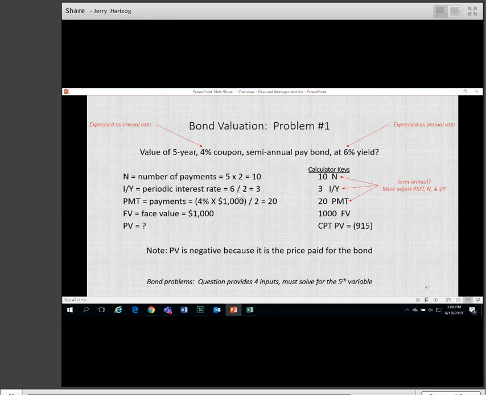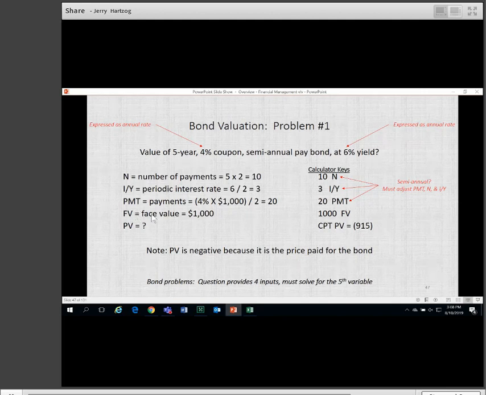So we take the 6% yield, divide by 2, and we get 3 is IY. Next, payments. We know the payments are the coupon rate multiplied by the face value. But again, that coupon rate is the annual rate, and we have a semi-annual pay bond. So we have to take that $40, divide by 2 to get 20. 20 is our payment.